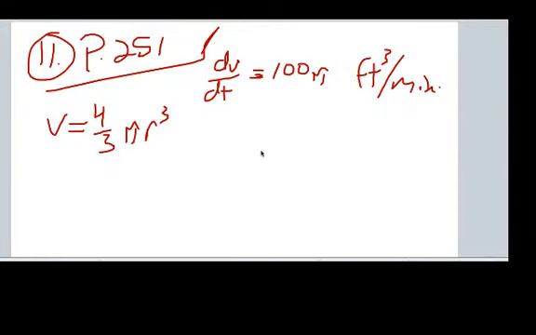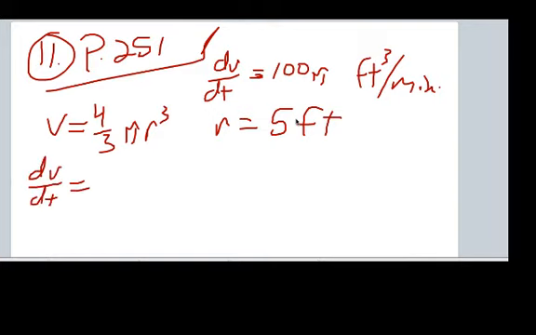Alright, and we want to know this when r is 5 feet. Okay, so this is actually, sorry, this is simpler than I thought it was, but dV/dt equals, if I throw the 3 out in front, I end up with 4 pi r squared times dr/dt.